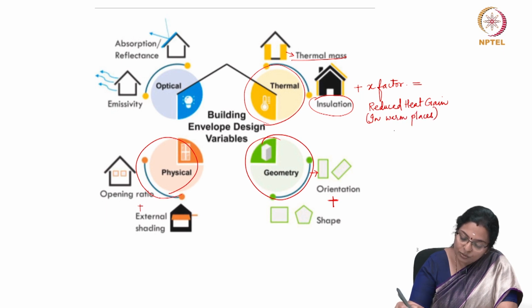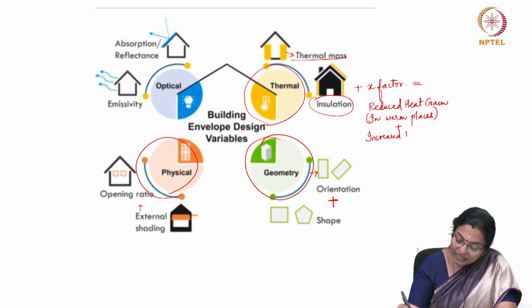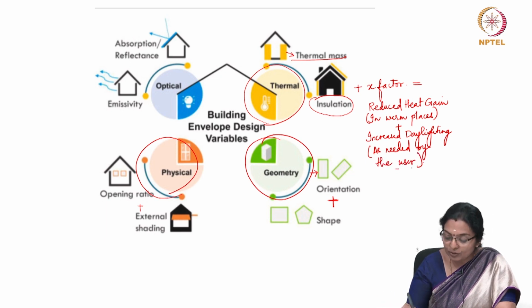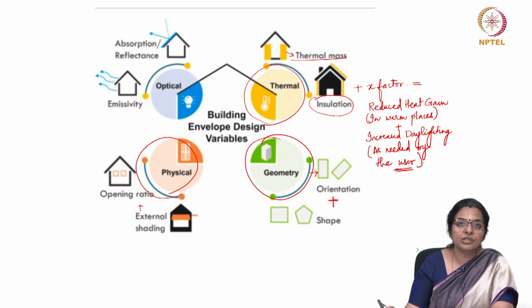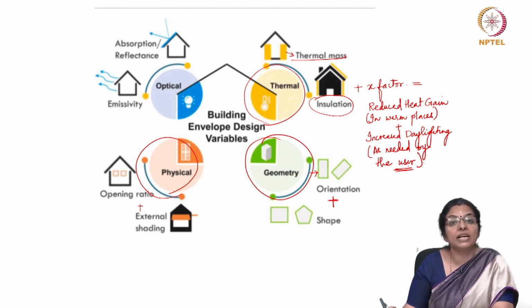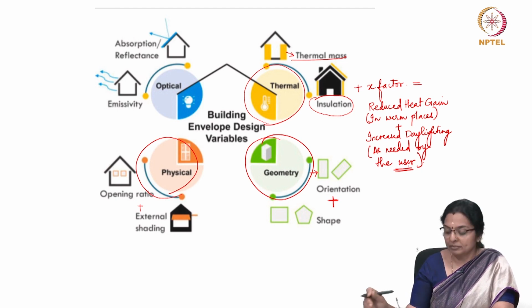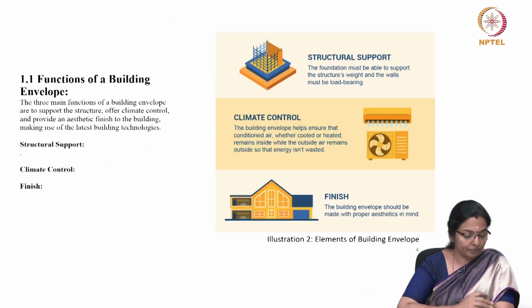It will also have increased daylighting as needed by the user. So, who becomes king here? It is actually the user who becomes a king, because user has greater control on how the building behaves, how the building can be made to behave when you have a low energy envelope.